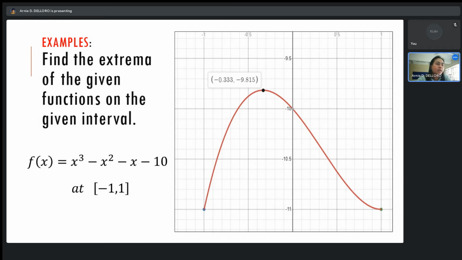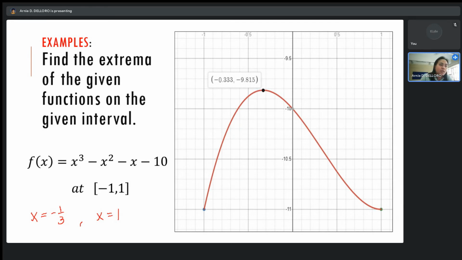Okay? In this case, recall that the critical values of f, di ba nung sinolve natin, are x equals -1/3 and x equals +1. Now, to determine the maximum point, we simply substitute. Okay?